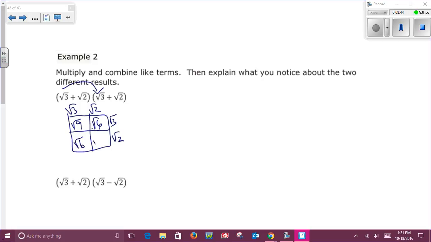Radical 2 times radical 2 is radical 4. And when I go to simplify that, radical 9 is just 3. And 2 radical 6s here on the diagonal, so it's plus 2 radical 6. And the square root of 4 is just 2. I can add 2 plus 3 and get 5, but I cannot combine it with the 2 radical 6.